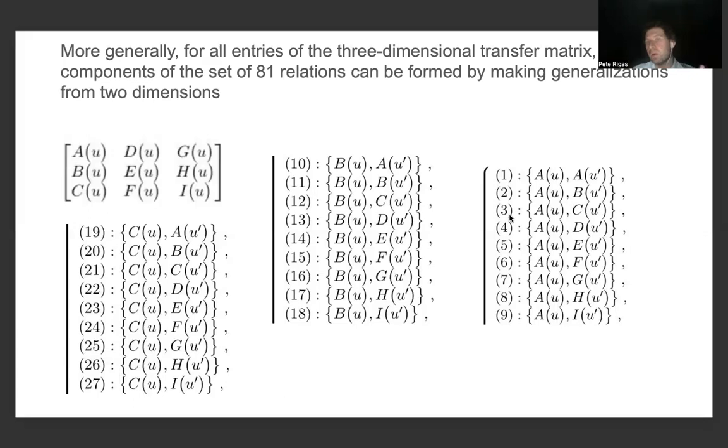And then even earlier up in the list for the entries of the 81 relations with the Poisson bracket that's given in the three-dimensional transfer matrix, we have the A of U term appearing first, and we have this self-interaction type term appearing between A of U and A of U prime.